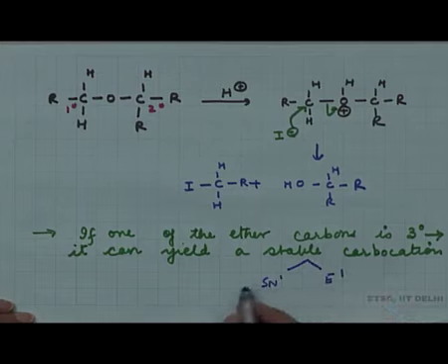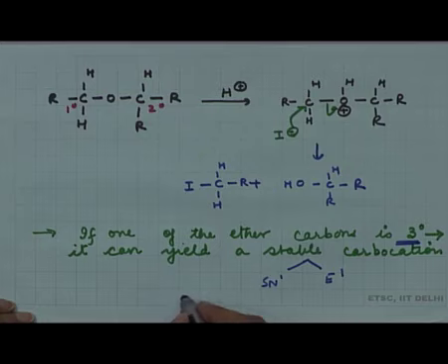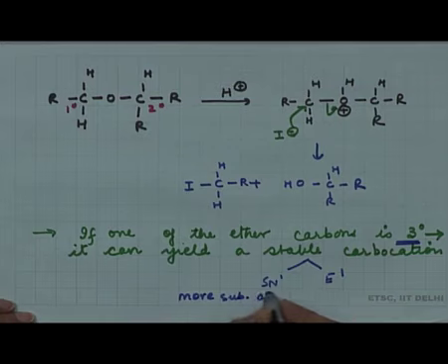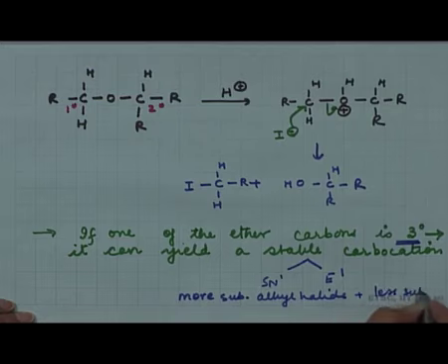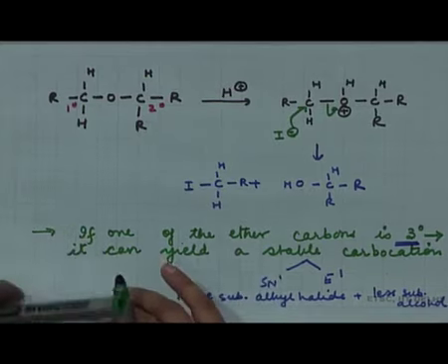So, if it is a 3 degree alkyl group on the ether, you get a more substituted alkyl halide and the less substituted alcohol. It reverses what we just saw a minute ago when it was 1 degree or 2 degree.